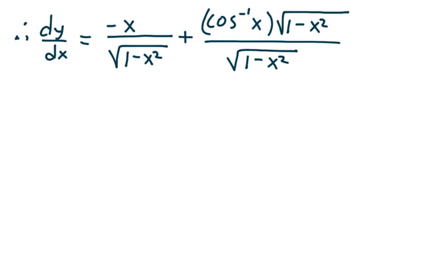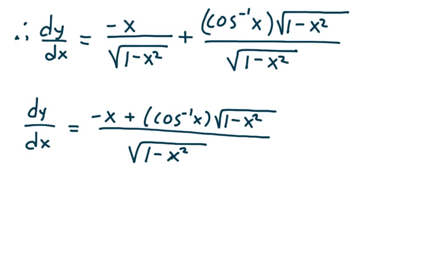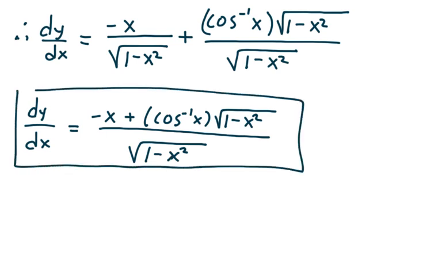So writing this as a single fraction, we can say dy/dx is -x plus arc cosine of x times the square root of 1 minus x squared, divided by the square root of 1 minus x squared. And that's how you do problem number 6.